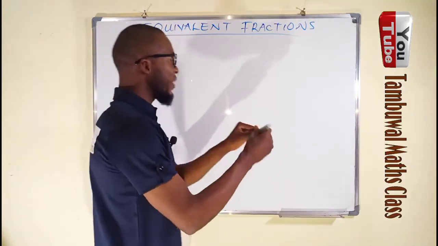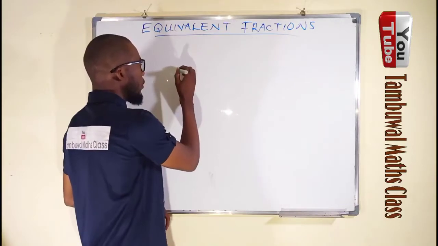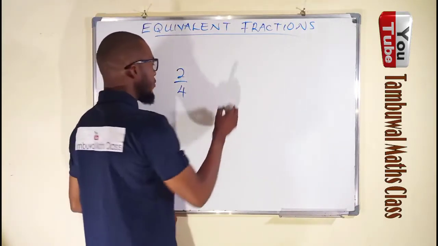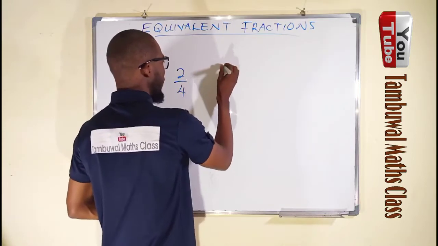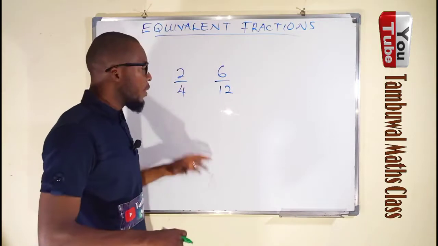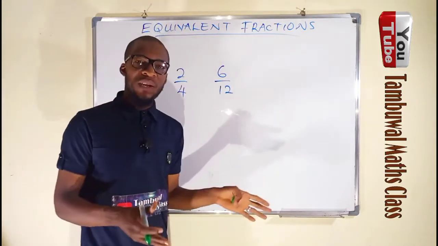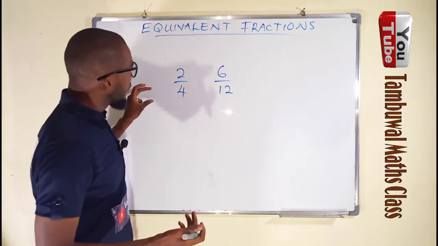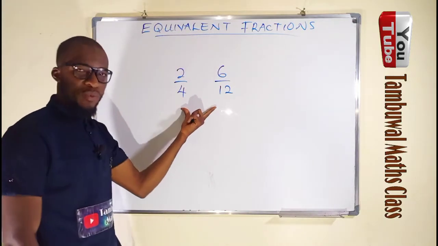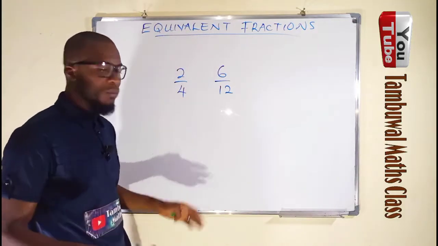So first we have two fractions, 2 over 4 and maybe 6 over 12. We say these two fractions are equivalent because the ratios of their corresponding numerator to that of their denominator is also the same.